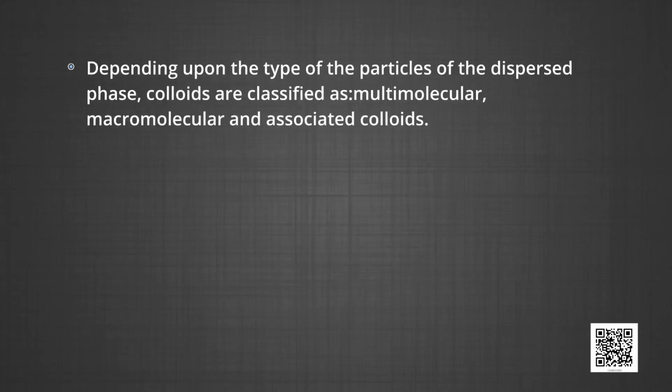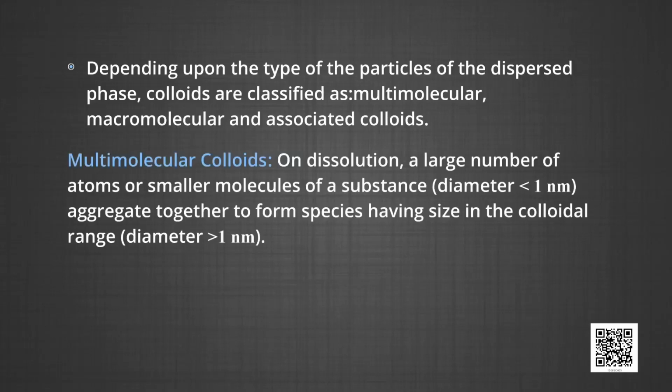Number 3, depending upon the type of the particles of the dispersed phase, colloids are classified as multimolecular, macromolecular and associated colloids. Multimolecular colloids. On dissolution, a large number of atoms or smaller molecules of substance of diameter less than 1 nanometer aggregate together to form species having size in the colloidal range, diameter greater than 1 nanometer.